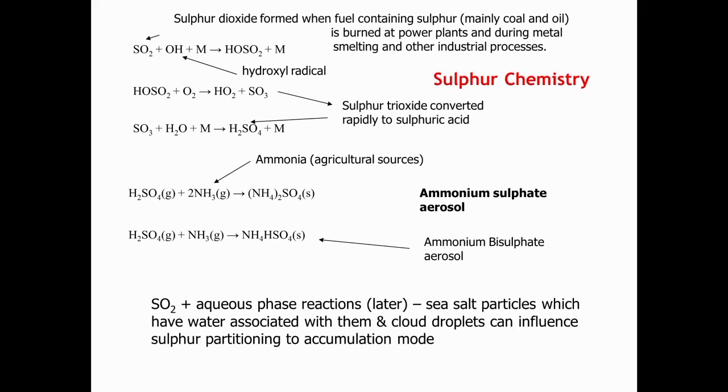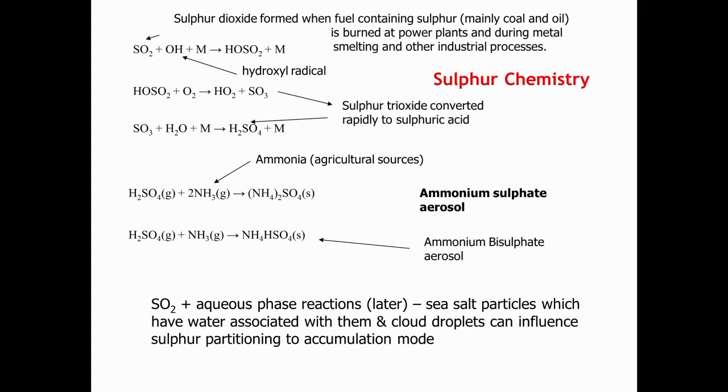SO2, where do we get the SO2 from? Combustion of sulfur-containing fuels. Okay? Eruption of volcanoes. So is sulfate directly emitted from volcanoes as a primary aerosol? Okay, so sulfur dioxide is emitted.